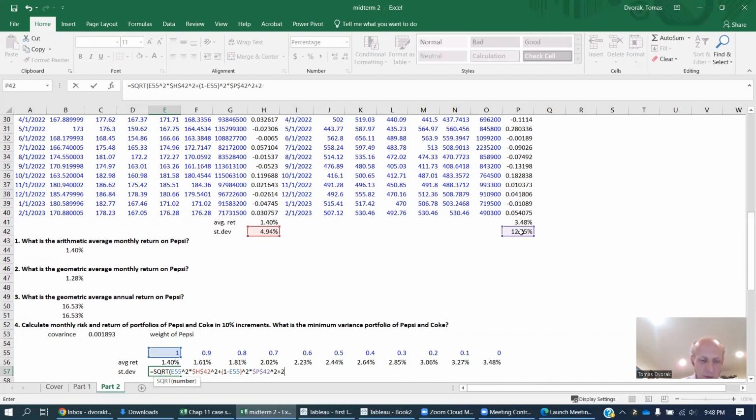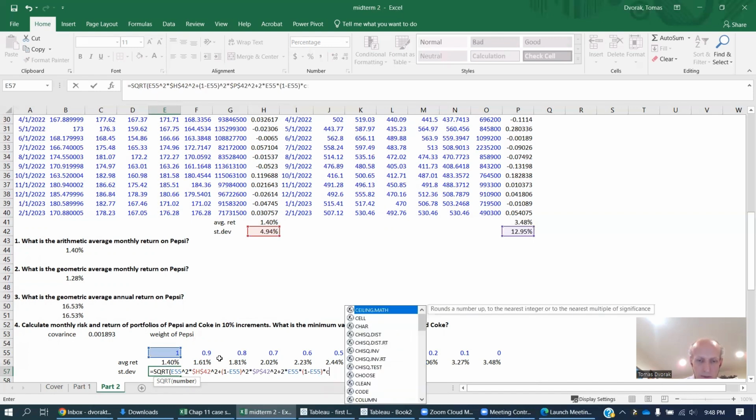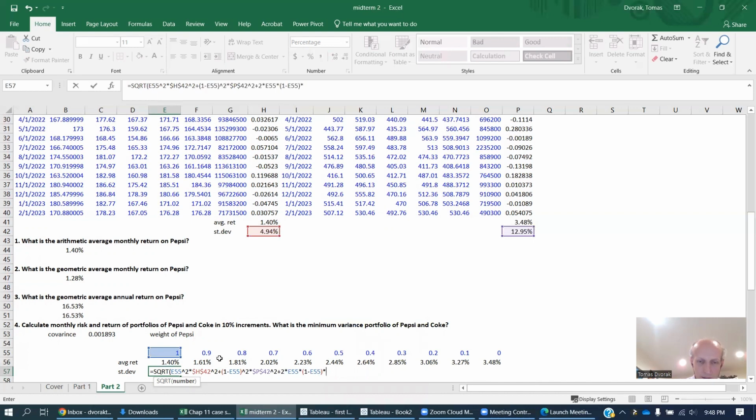plus 2 times the weight on Pepsi times 1 minus the weight on Pepsi, which is the weight on Coke, times the covariance between those two, which is right here. And we're going to lock that one.